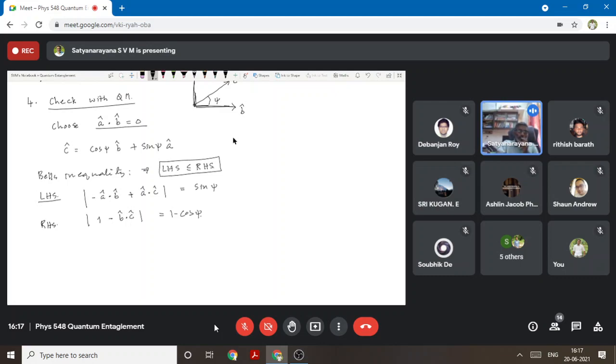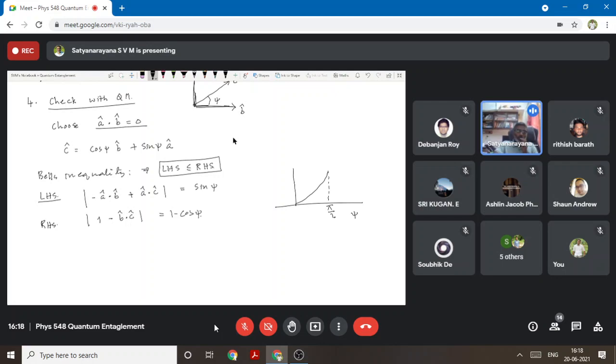Now, if you look at this as a function of psi, let us say you have something like 1 minus cos psi, something like this. If psi is equal to pi by 2, then cos psi is 0, so this is something like this up to pi by 2.